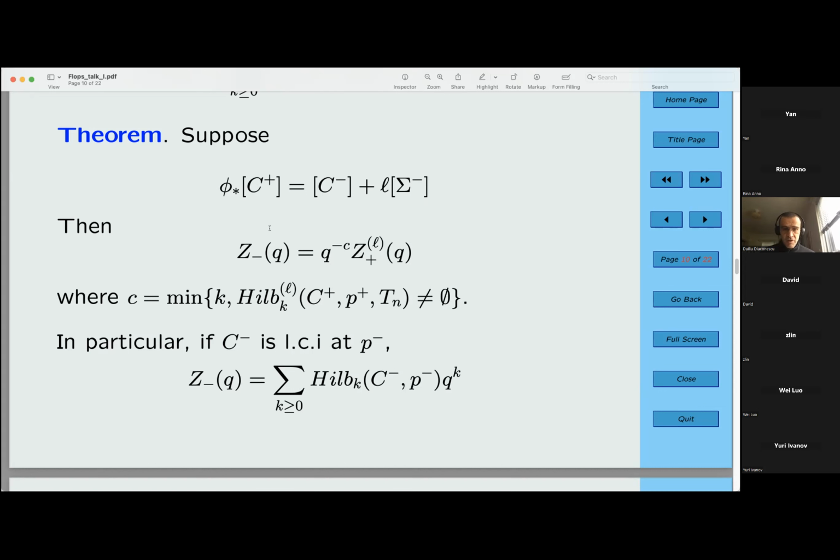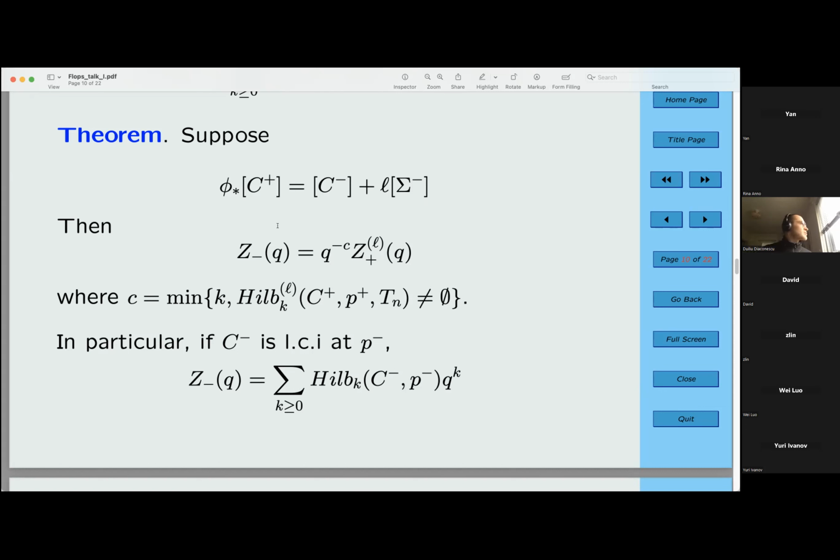And now this is the main result of this work, which is that the two transition function generating functions are related through this identity. And that determines, in principle, it allows you. Yes. The phi Lowenstock star that defines the map between what for Y plus and Y minus in the Chow rings or cohomology rings.